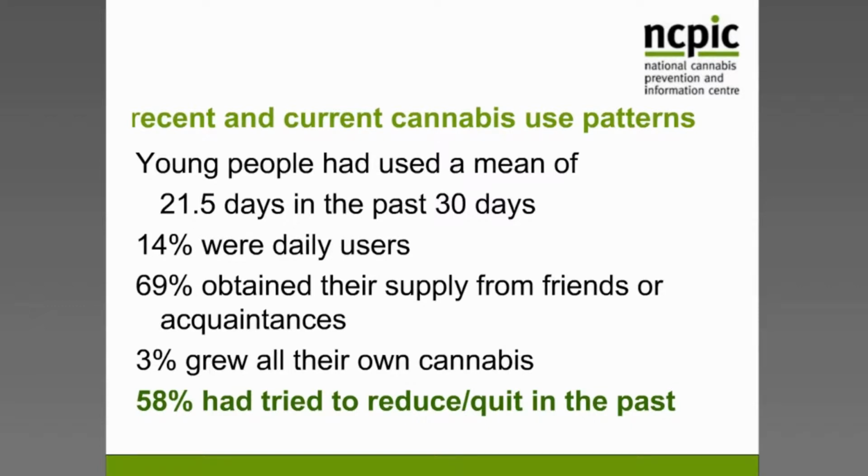They used almost 22 days out of the last 30, so that's almost every day. 14% were daily users, so already that was a really good capture for us. 69% obtained their supply from friends or people that they knew, so I guess the other 30%, or 27%, got it from a dealer. 3% grew their own, but amazingly, which I think is good really, 58% of those who we spoke to had tried to reduce or quit, which is interesting, I think, in and of itself.